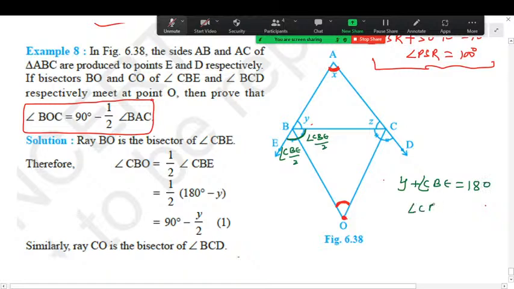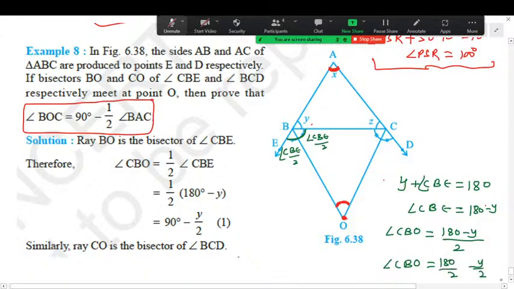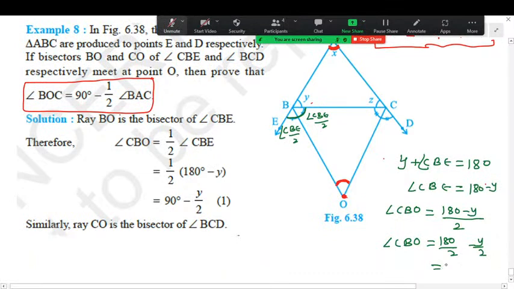And if I want you to tell me CBE, you will call it 180 minus Y. If I want you to tell me CBO, you will put the value of CBE as 180 minus Y and then divide by 2. That gives 180 over 2 minus Y over 2. Further, you will write it as 90 minus Y over 2. You can observe it has been mentioned here as well.